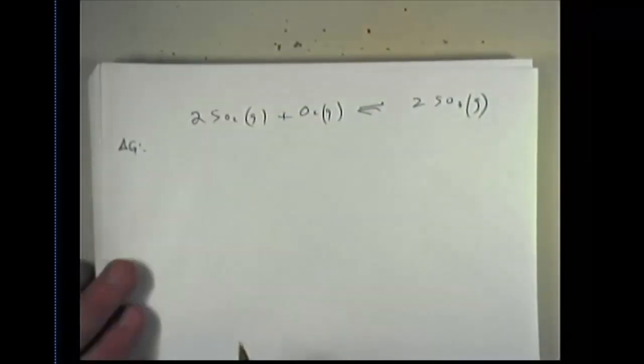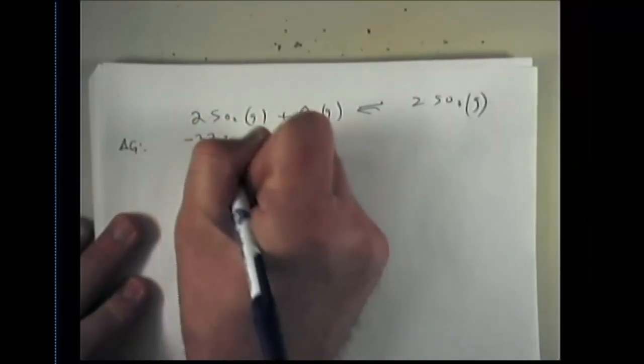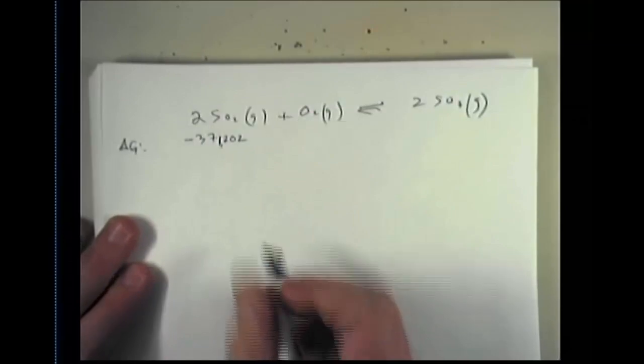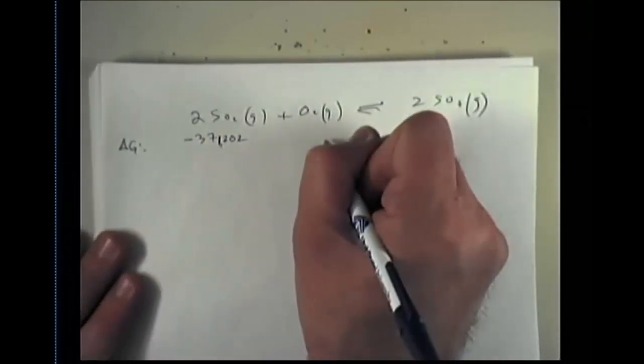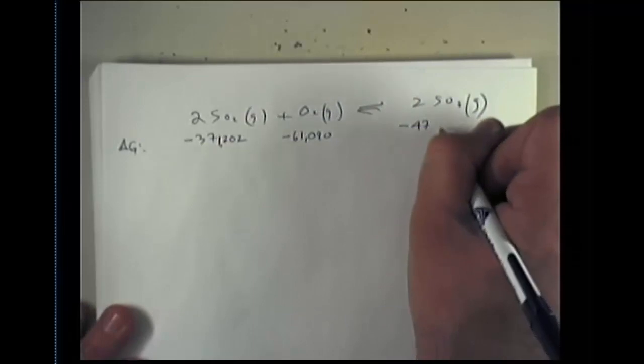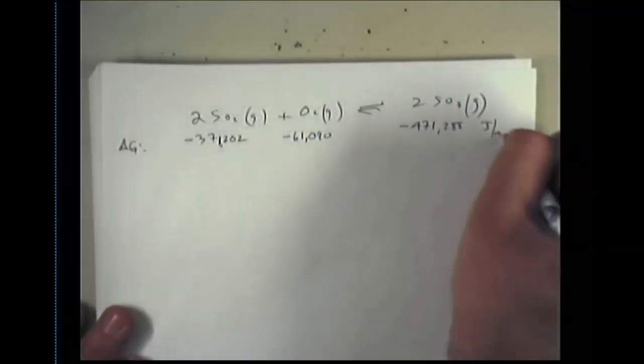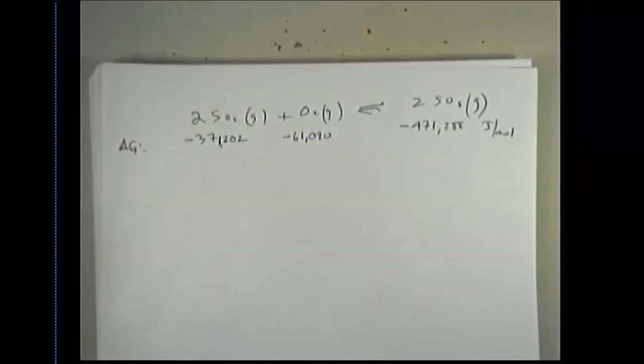The delta G value for the SO2 is minus 371,202 kilojoules per mole. Our delta G for our oxygen is minus 61,090 kilojoules per mole. And our delta G value for our SO3 is minus 471,288. And sorry, I meant to say joules per mole for all of those, not kilojoules per mole.